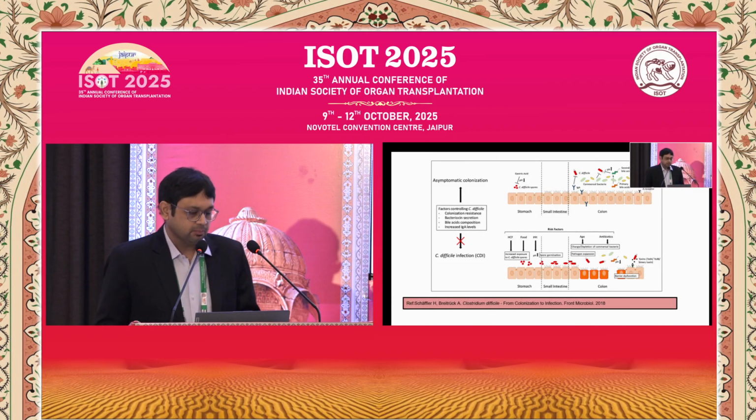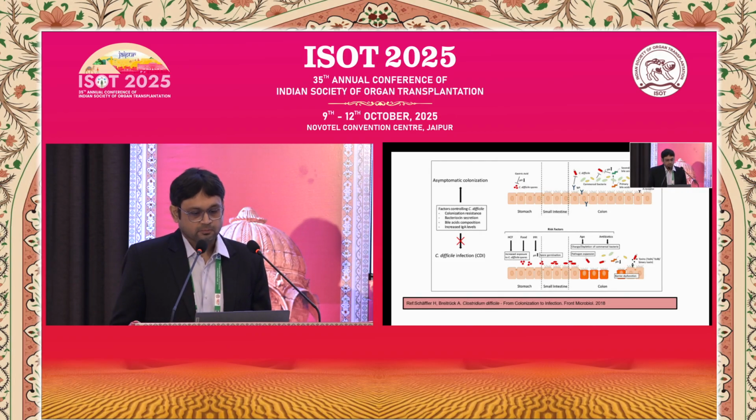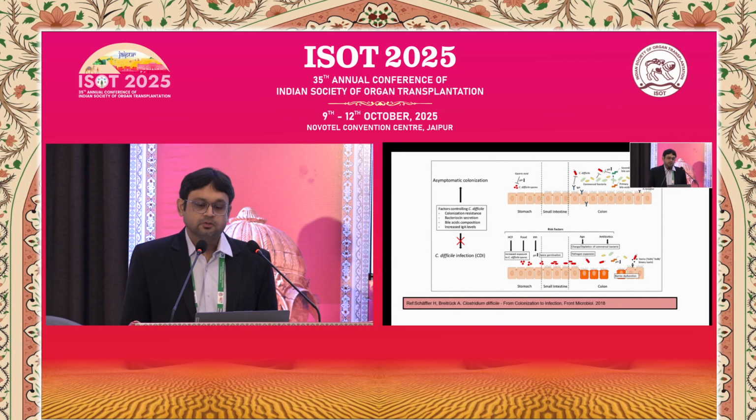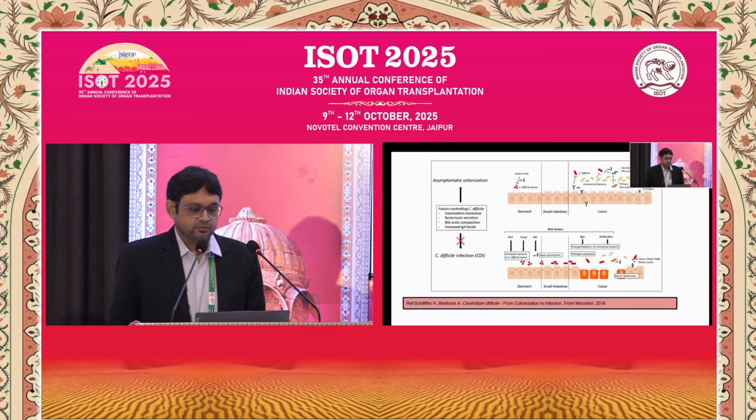So let's pause for a moment and look into how someone gets C. diff. If you have a patient who is colonized with C. diff, someone who has been exposed to the hospital environment and has now been colonized, there are certain factors which will determine whether this patient remains asymptomatic versus someone who has true C. diff infection. These factors are things like bacteriocin secretion.